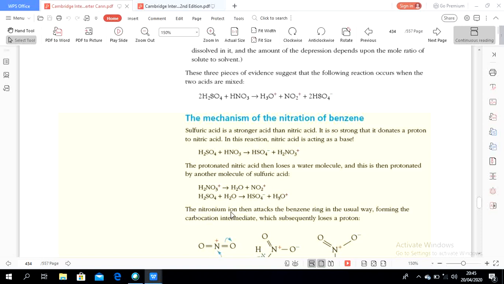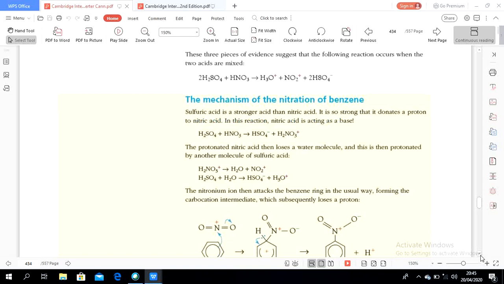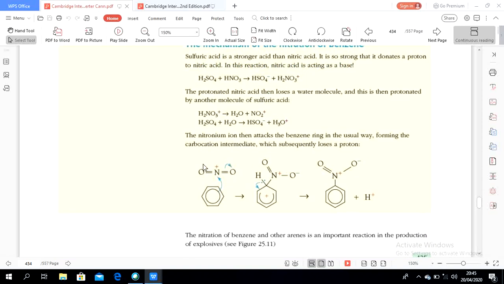The nitronium ion then attacks the benzene ring in the usual way, forming the carbocation intermediate. This is the intermediate process in which all A-level students should know the intermediate diagram of nitrobenzene.